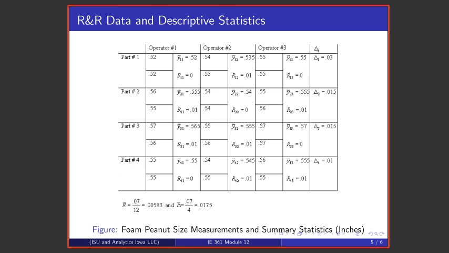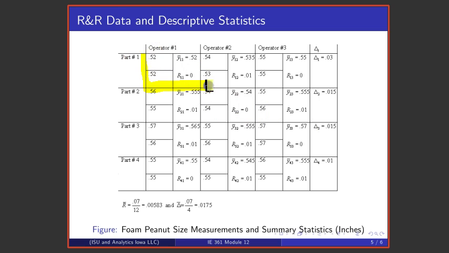Here is a set of R&R data collected in an IE 361 laboratory. They're here to provide an example that will be used both in this module and in subsequent modules. For the time being, let's just point out some characteristics of these example data.